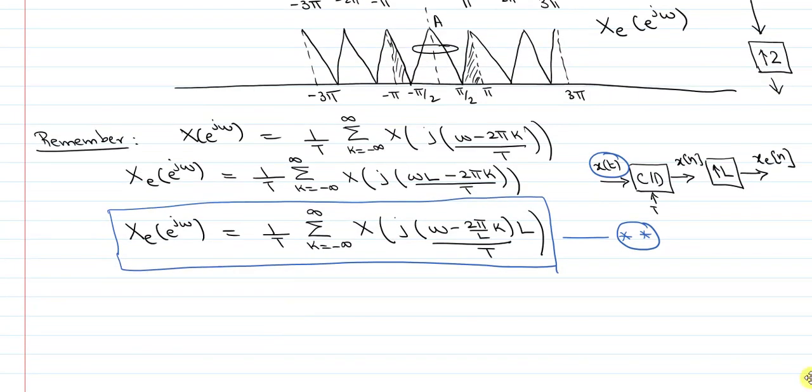Okay, so if we compare, instead of L, we are getting 1. So issue number 1 is there is no L in amplitude scaling.